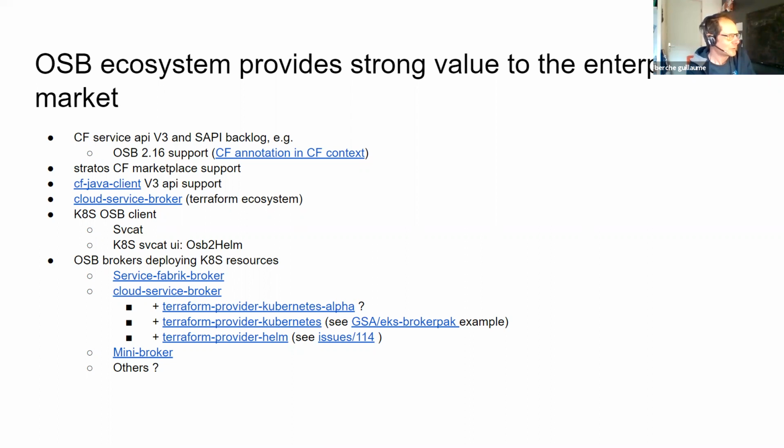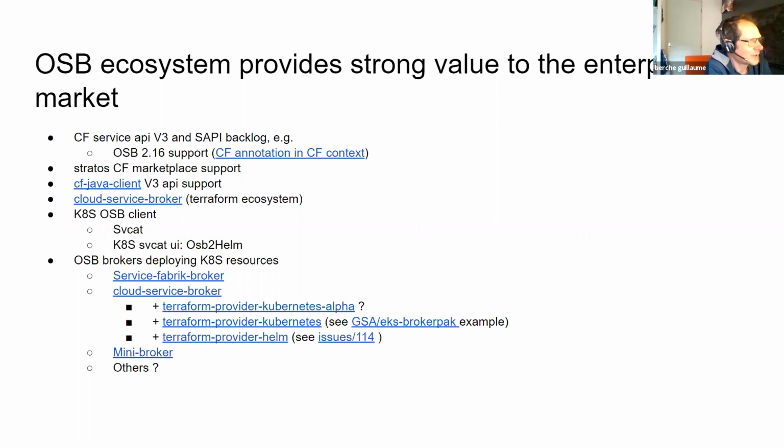And that there's still quite a bit of work on those components to support advanced and enterprise use cases. I was mentioning, for example, sending annotations to service brokers. There is maintenance in Stratos for an enhanced experience of the Cloud Foundry Marketplace, as well as V3.